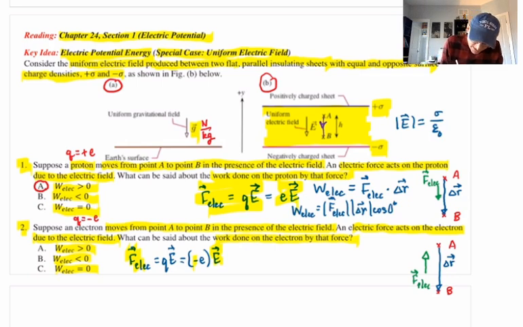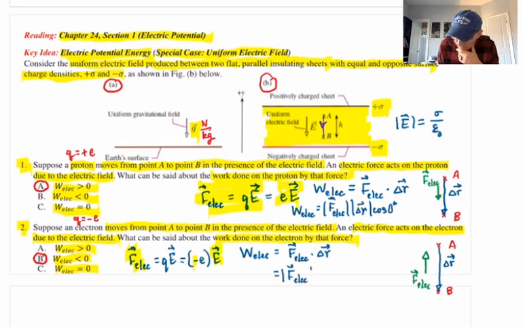Okay, did you say in this case that the work done by the electric force is a negative quantity? Let's make sure we can explain why. Start with W electric equals F electric dot delta R. And now use the property of the dot product.